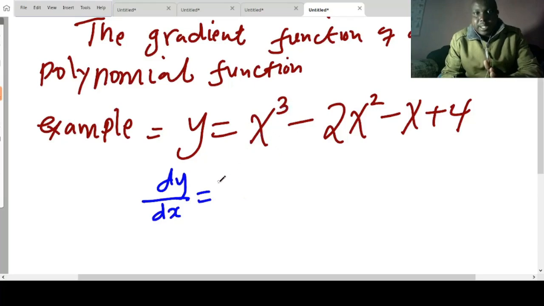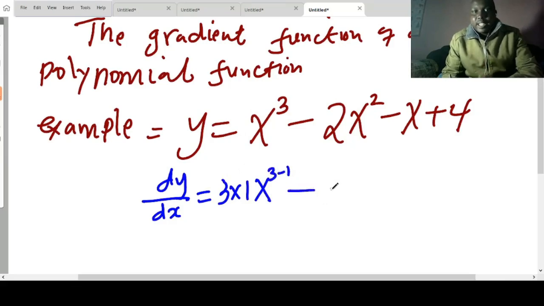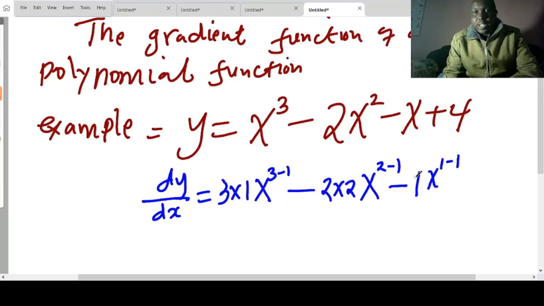So it will be 3 times 1, the coefficient, and then x to the power 3 minus 1. The next one, the coefficient is 2, the power is 2. So we are going to have 2 times 2, and then x to the power 2 minus 1, minus this one, x, the coefficient is 1, and x to the power 1 minus 1, because now the power is 1, so 1 times 1.